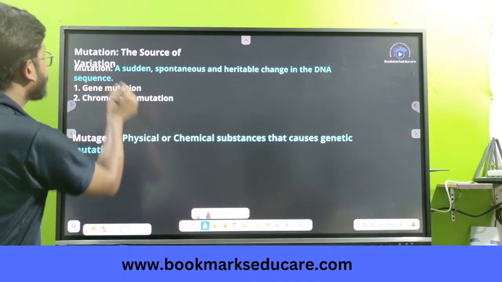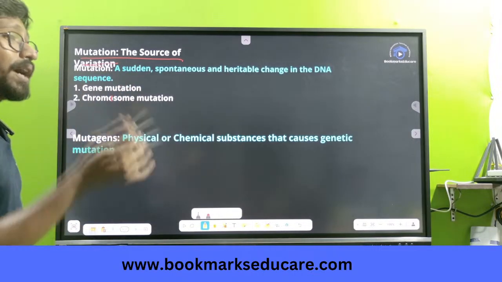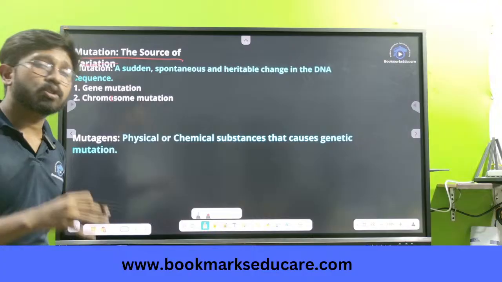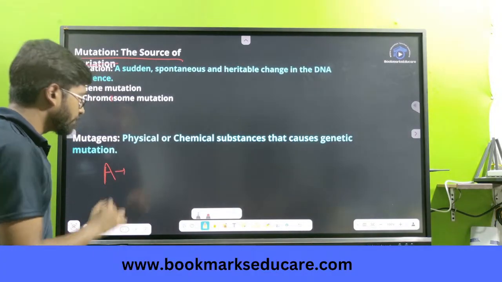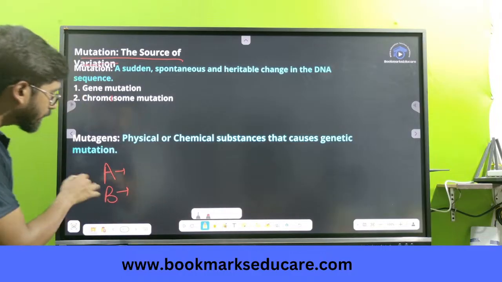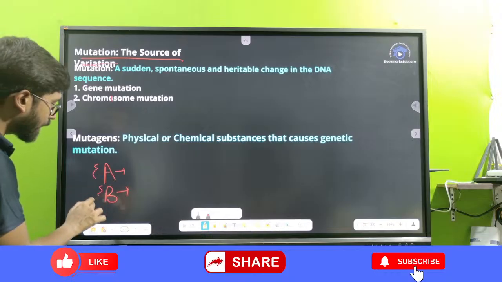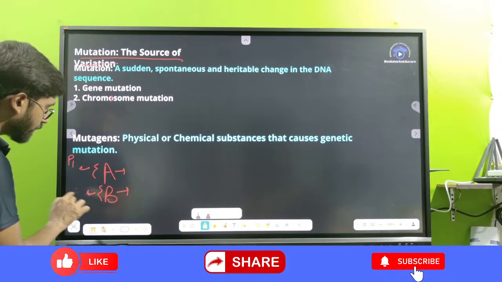Mutation. Let's study mutation. It is a source of variation. What is a source of variation? It means you are an individual A. I am individual B. We got these characteristics of A and B from our parental generation, say P1.